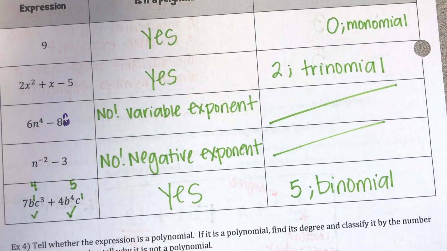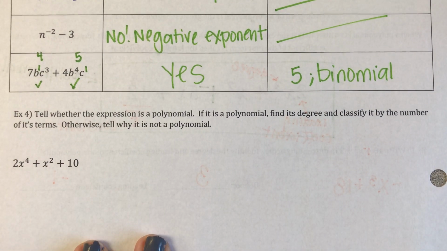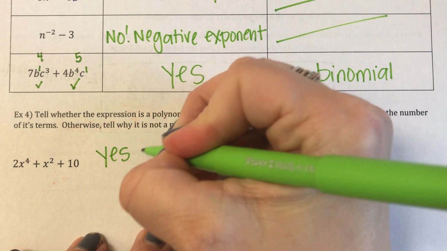Okay, last example. It says, tell whether the expression is a polynomial. If it is a polynomial, find its degree and classify it by the number of its terms. Otherwise, tell why it is not a polynomial. So what do you think? Is that a polynomial, yes or no? Yes, it is a polynomial.